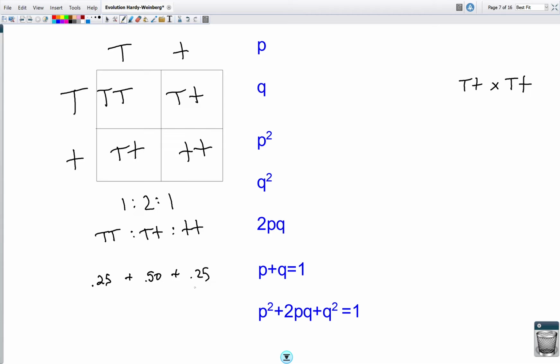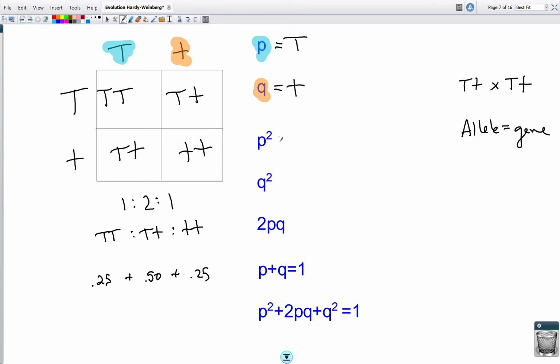So all Hardy and Weinberg did was they assigned these alleles a letter. And they said, all right, little p is the dominant allele. Little q is the recessive allele. That's an allele. Remember, an allele is a gene.